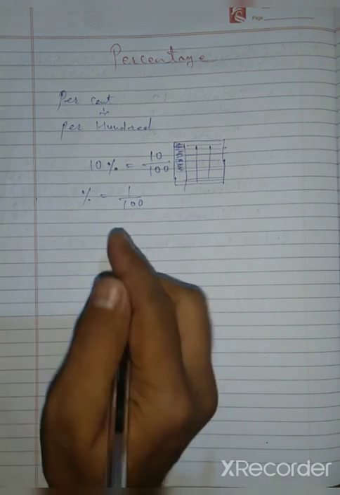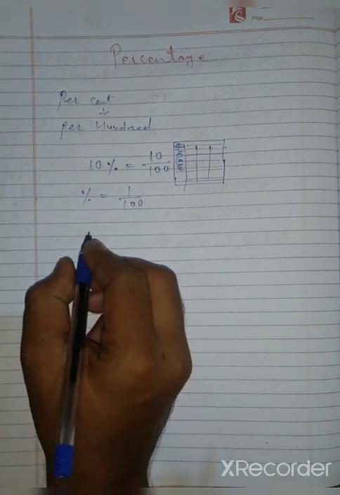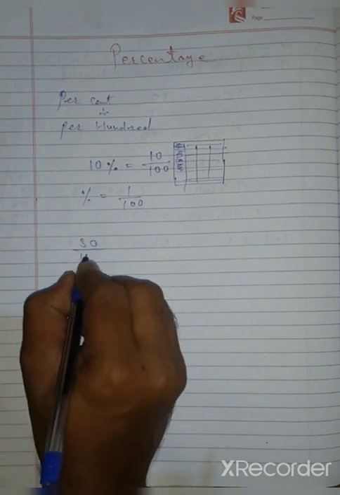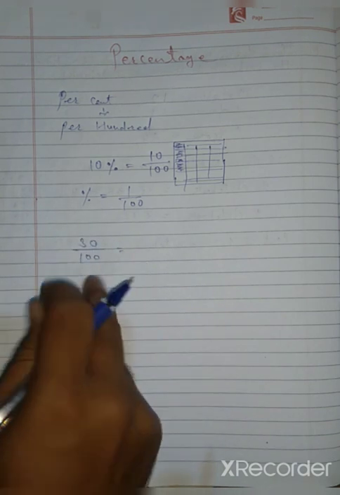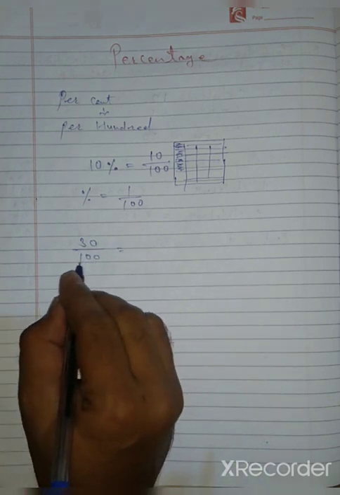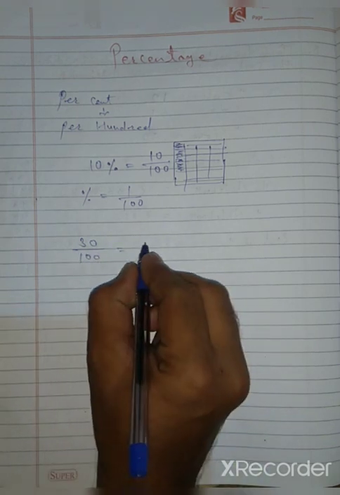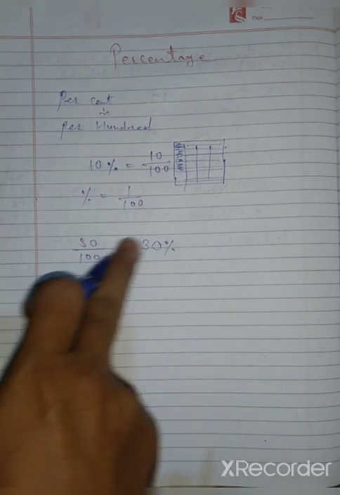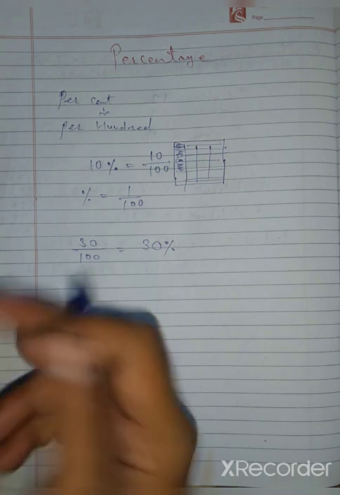Let's see: if you want to convert 30 upon 100 into percentage, it's very simple. Dividing by 100, we can write directly 30%.